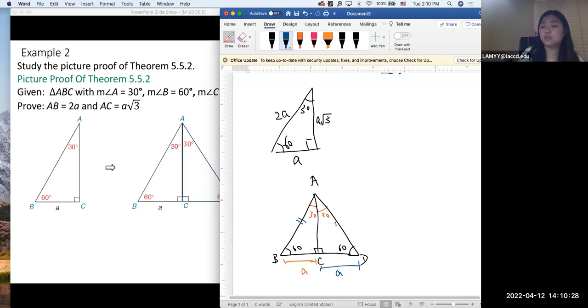This side should be congruent to here, congruent to here. If this is 2A, AB should be equal to 2A. AD is also equal to 2A. Am I right? Okay, all sides are congruent. So AB equals 2A and AD is also equal to 2A.